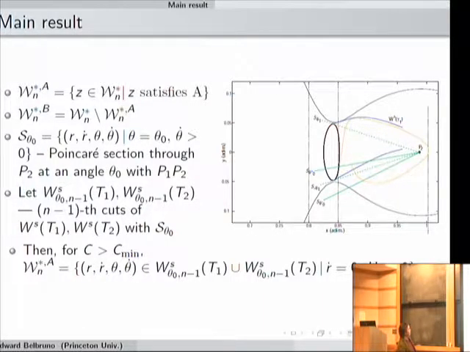What this boils down to is that the union of the weak stability boundary satisfying hypothesis A is really equal to the union of the stable manifolds of T1 and T2, subject to these conditions.